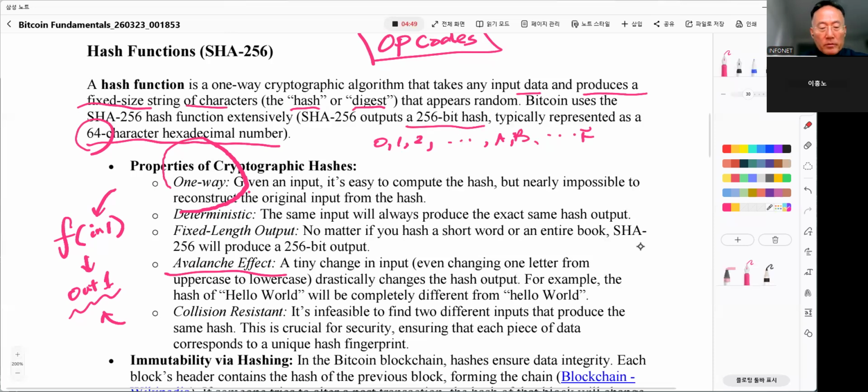For example, the hash of Hello World will be completely different from small letter hello world. So a small change produces an entirely different hash output. That's what it is about avalanche effect.